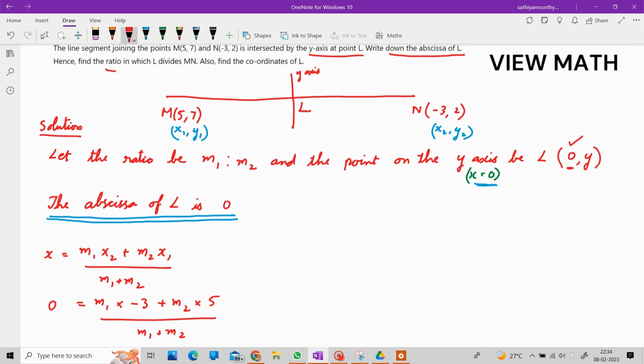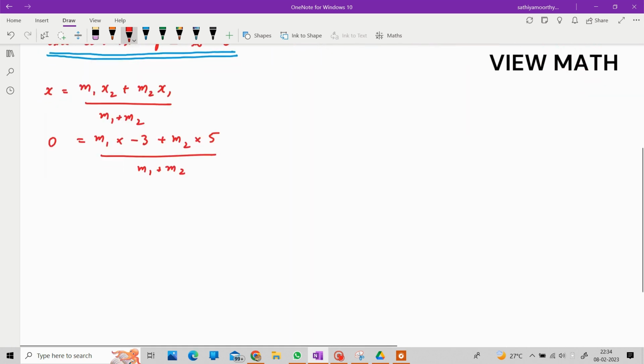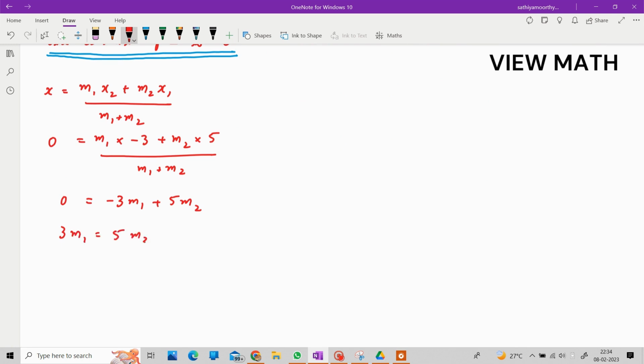Now m1 plus m2 I am going to take to the other side. Into 0 it becomes 0. So 0 is equal to minus 3m1 plus 5m2. Now let me take this 3m1 to the other side. It becomes 3m1 is equal to 5m2.